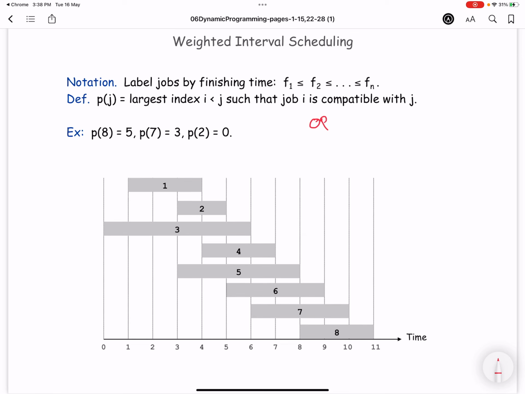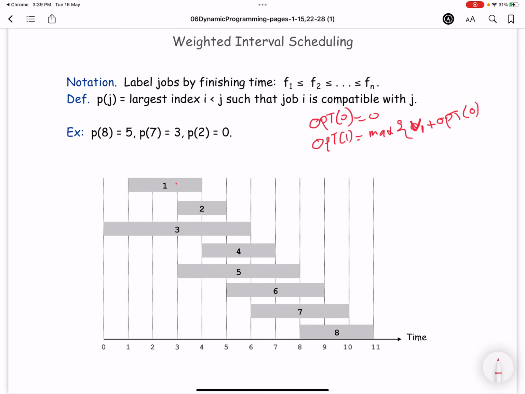So how do we solve this problem in dynamic programming? First, I compute opt 0. Opt 0 is 0, right? Then we compute opt 1. Opt 1 will be the maximum of, if we decide to take job 1, v1, the value of job 1, plus opt of the previous jobs that are not conflicting.